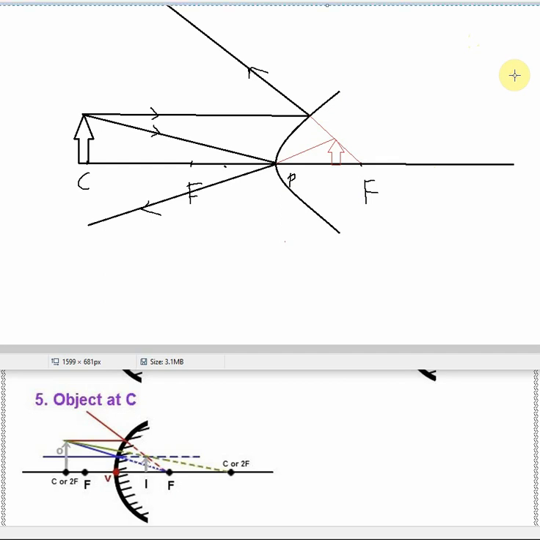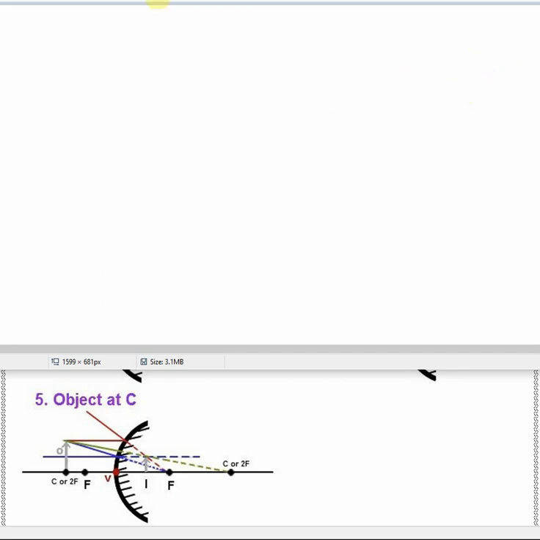Let's try the third one. I'll show you very quick drawings. These are all the same drawings.